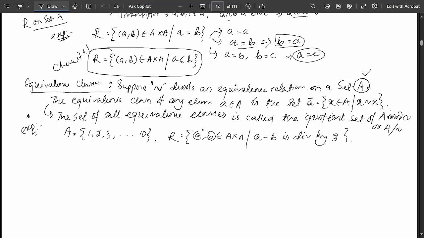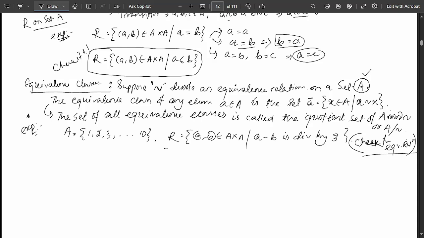Check whether this is an equivalence relation or not. It is actually an equivalence relation. Just verify it. So we find the equivalence classes here.